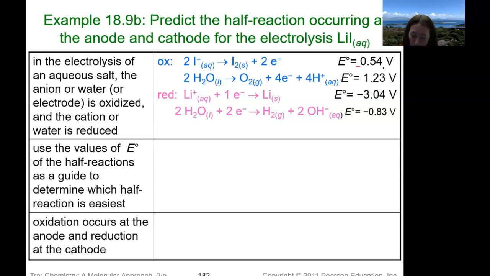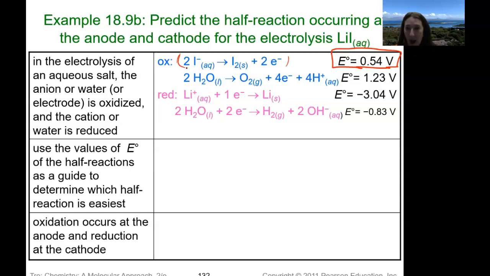And so we have 0.54 or 1.23, right? Least positive or more negative, that's the top one, right? So it's going to be our iodine that's going to be oxidized. Remember, when we oxidize this, we're going to flip this, and then we'll flip the sign. But first we decide it's oxidized.